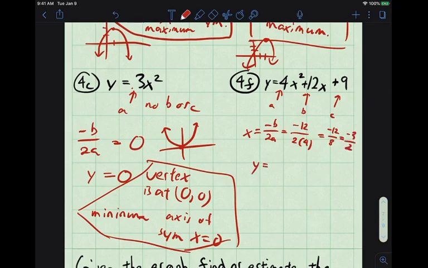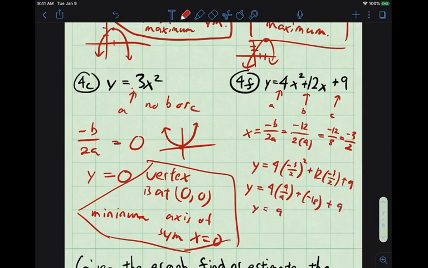Y equals, oh boy, this complicated thing. So we get 4 times 9 over 4 plus 36 over this, negative 18 plus 9. 9 minus 18 plus 9, great, equals 0.